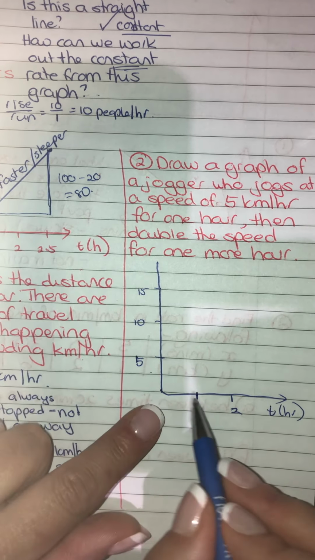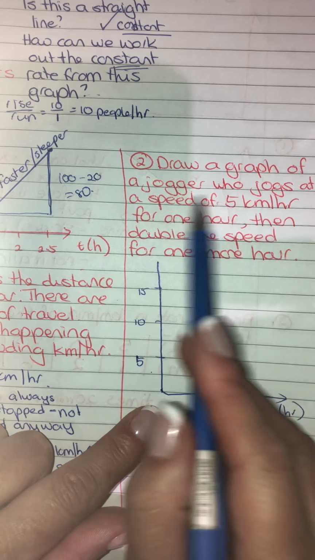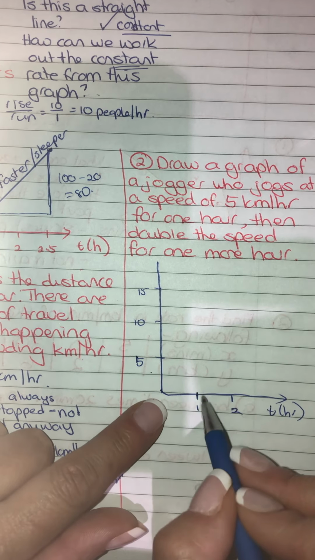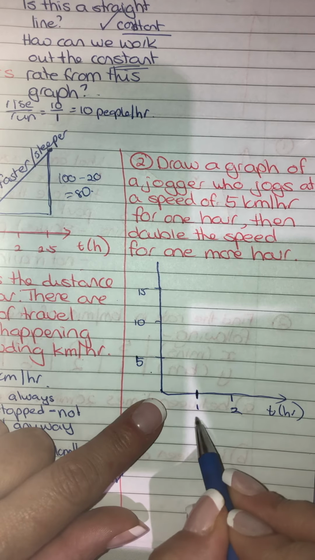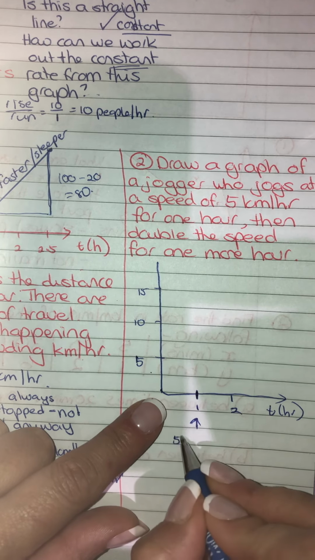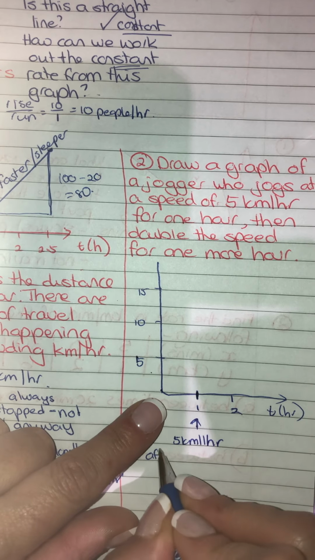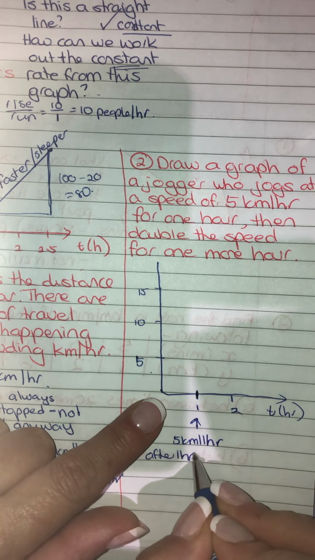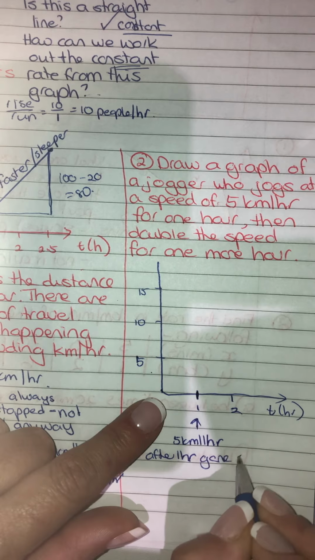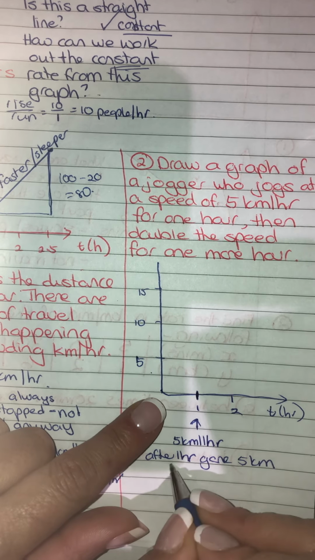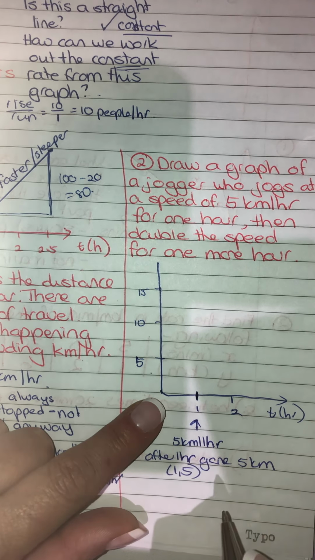Okay, so in the first hour, a jogger who jogs at a speed of 5 kilometres per hour. So after 1 hour, 5 kilometres per hour means after 1 hour, you've gone 5k. So that's like the point 1, 5.